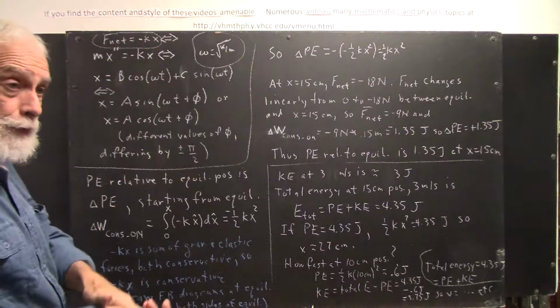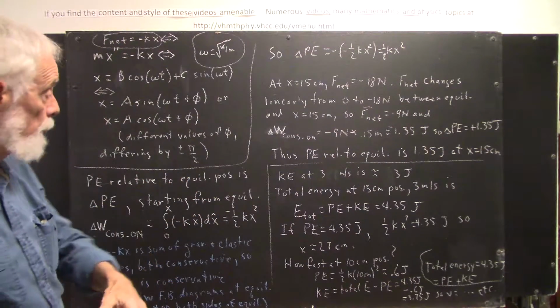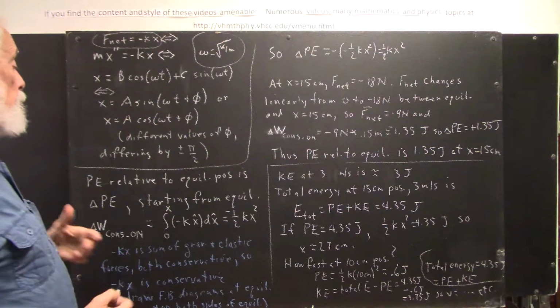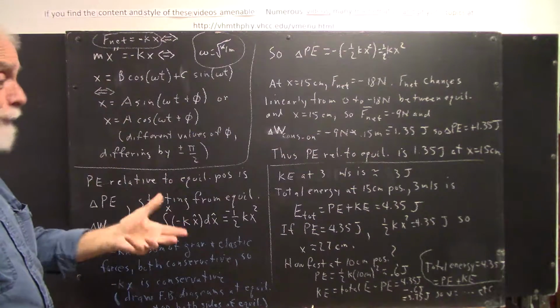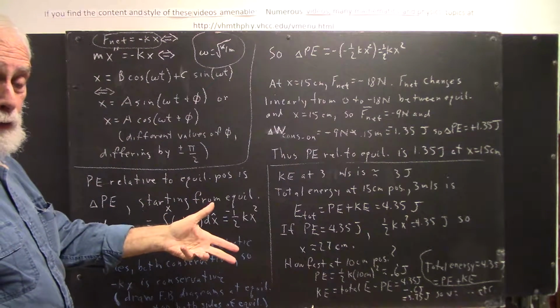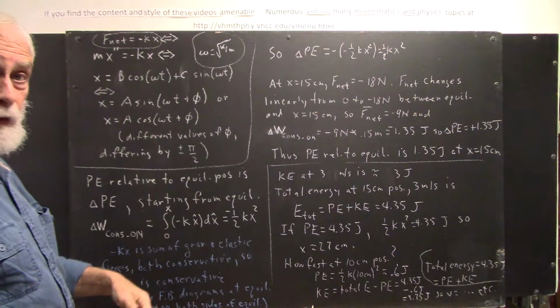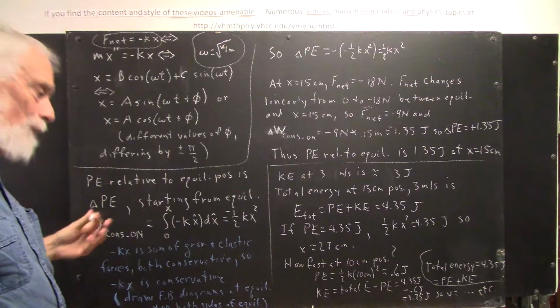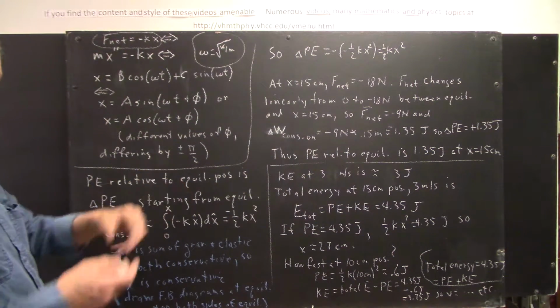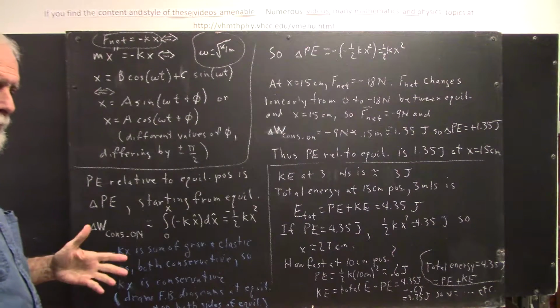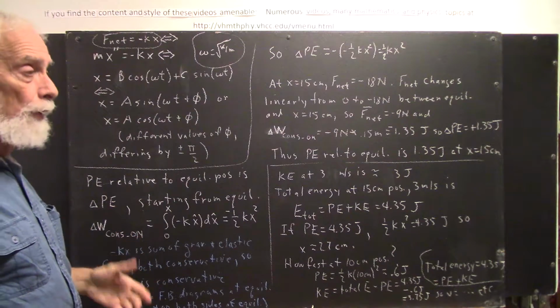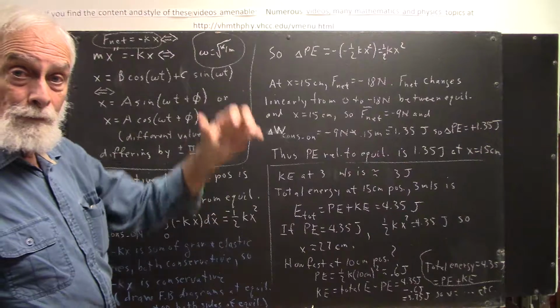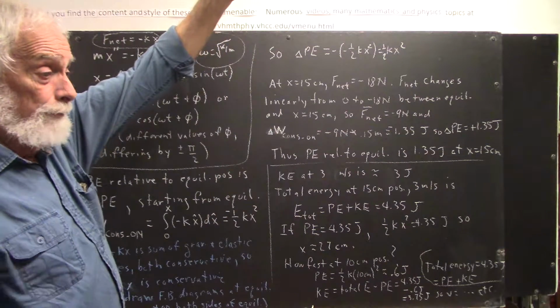The first question that was posed on your document is, what's the potential energy at position x relative to the equilibrium position? Now we had to get into a discussion, and it was appropriate to do so, of what we mean by the equilibrium position. We've got a mass suspended from a rubber band.